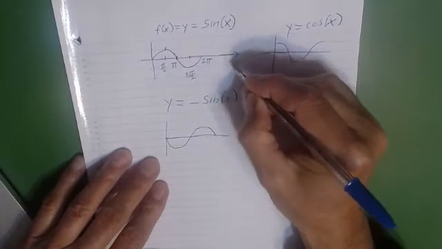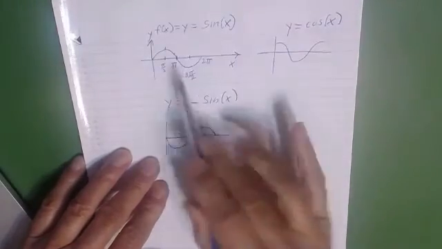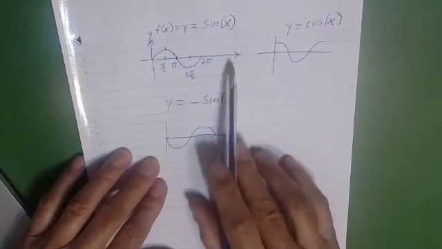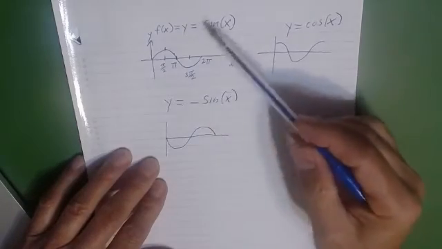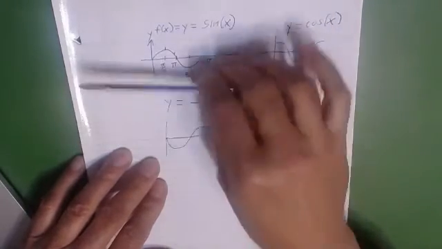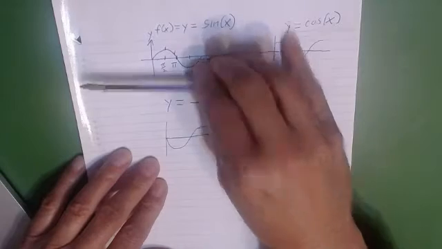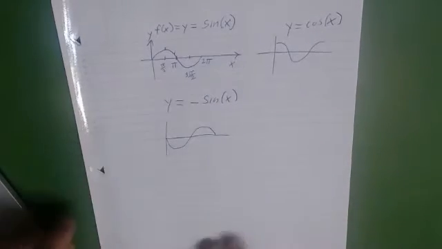This is x. This is always x and y, okay, for what we're doing. We're always looking at the xy coordinate system. So a negative sign on a function reflects that function about the x-axis. Like a mirror image, if you look at it, this is what the negative sign does to that function.